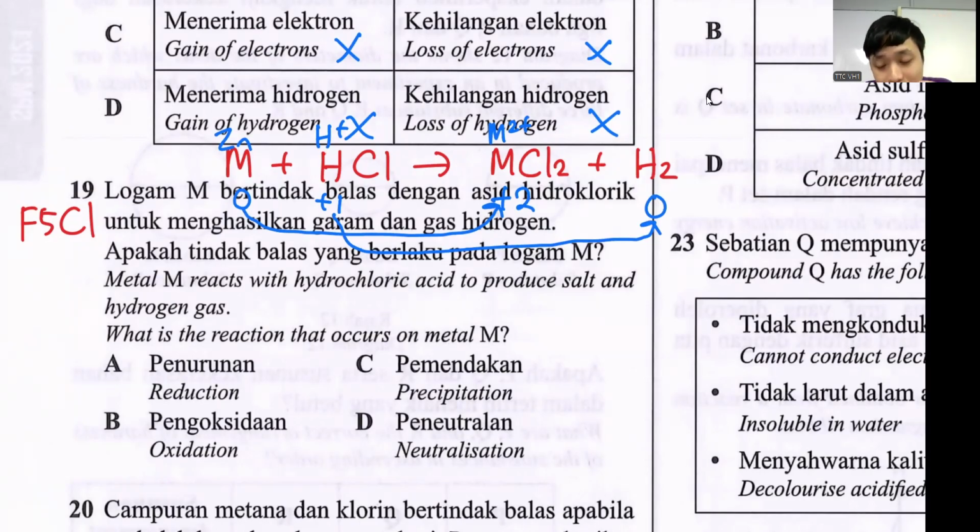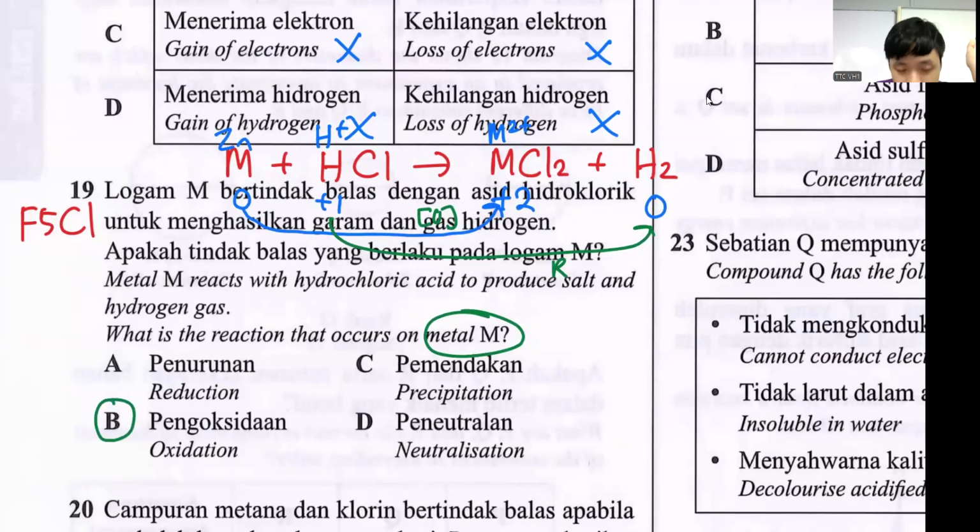If the oxidation number increases from 0 to positive 2, from M to M2 plus, this is oxidation. Then H plus undergoes reduction. But they're asking about M, right? So M undergoes oxidation because the oxidation number increases from 0 to positive 2.